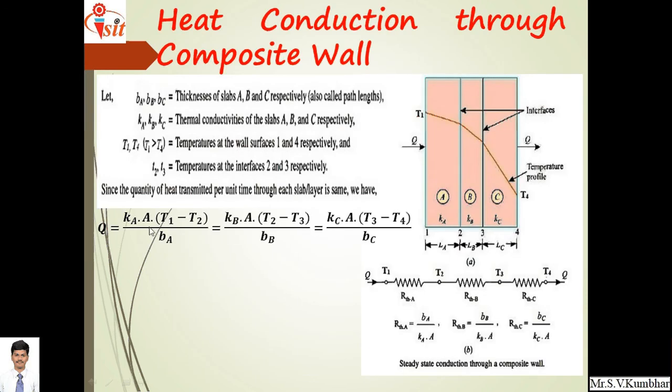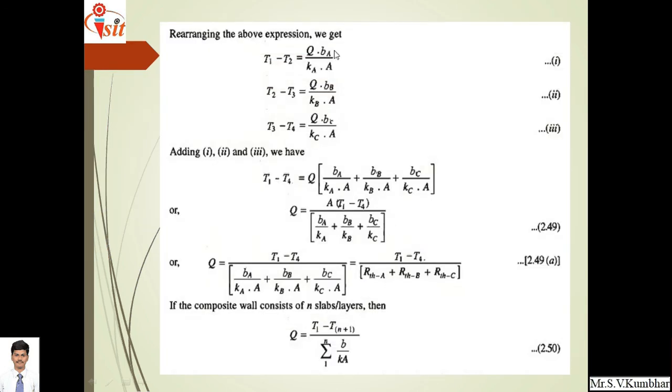Rearrange this equation in terms of T1 minus T2, T2 minus T3, and T3 minus T4. We will get these equations, and after that we add equations 1, 2 and 3.